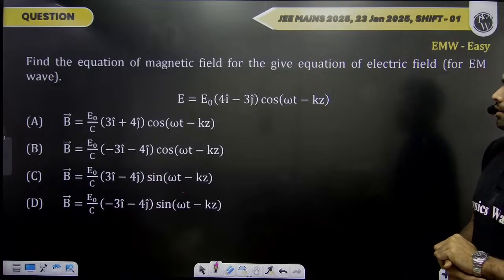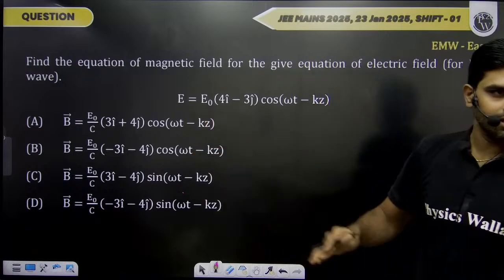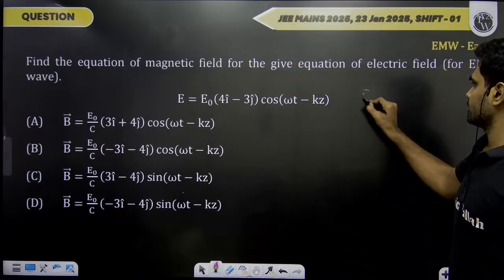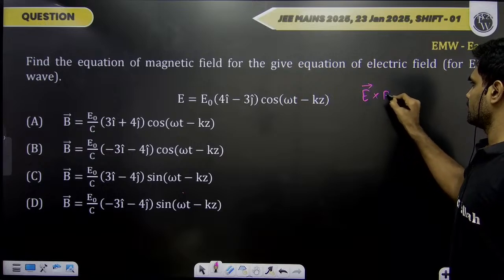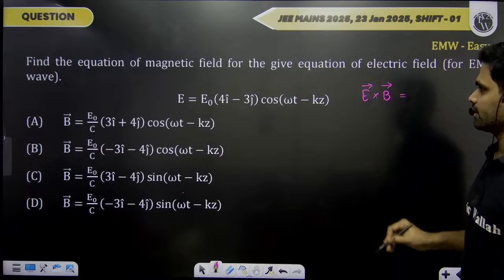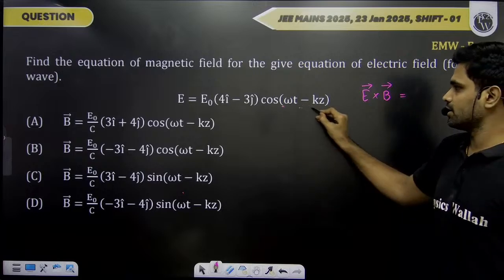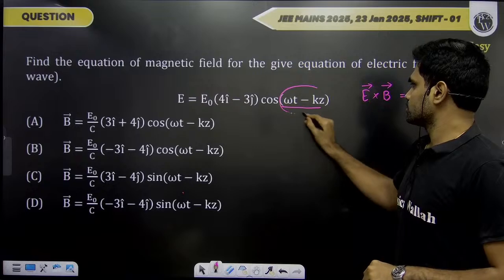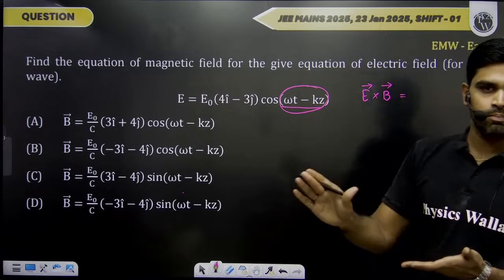First thing is that the electric field and magnetic field have to be perpendicular, and the E cross B direction should be the wave direction. And what is the wave direction here? Omega t minus kz. So this is a wave traveling along the positive z axis.